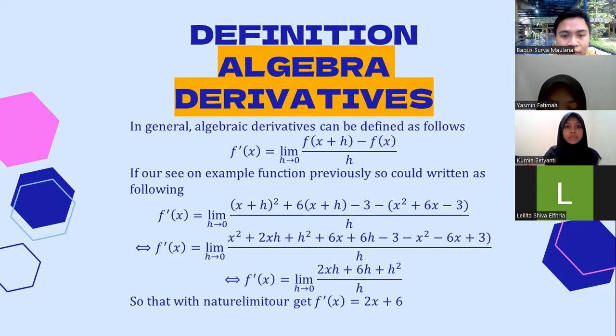If I apply it to the sample function in the previous slide, it can be written as follows: f'(x) is equal to the limit of ((x + h) squared + 6 times (x + h) - 3 - (x squared + 6x - 3)) over h as h approaches 0. And for the final result, we get f'(x) = 2x + 6. That is from the definition.